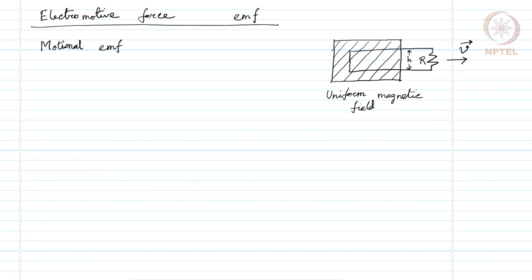So, let us consider this arm of the rectangular loop. There are electrons, and the electrons will have a velocity along this direction, along right direction, and if we have a magnetic field that is pointing into the screen, we can see that the velocity of the electrons are along the right, and the magnetic field is pointing into the screen.